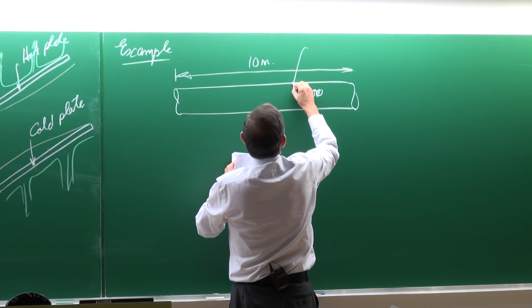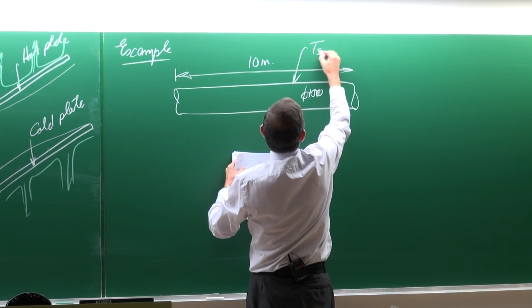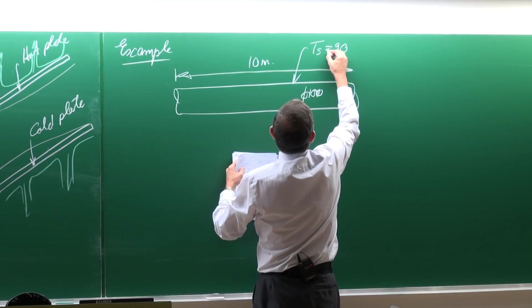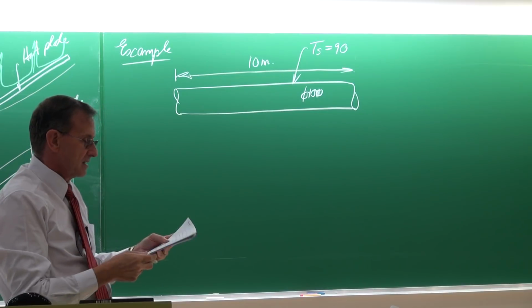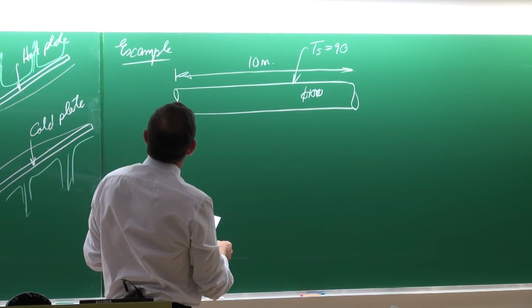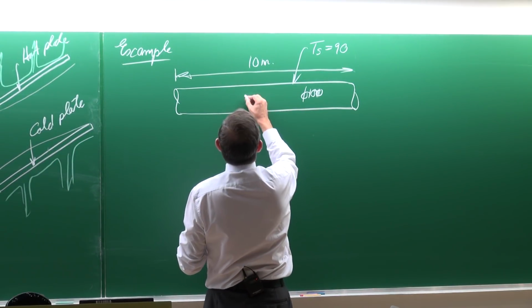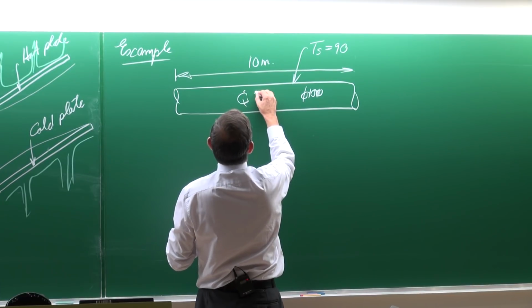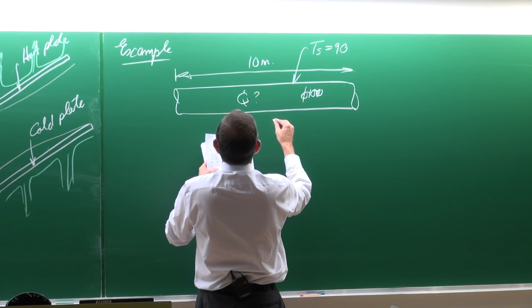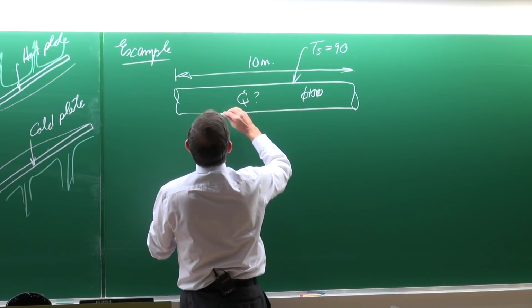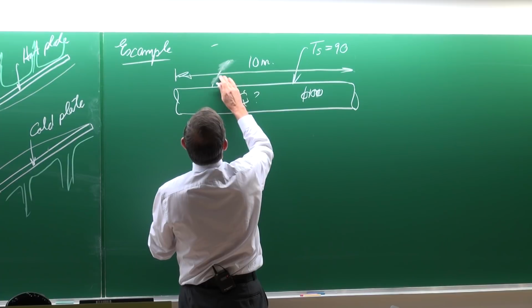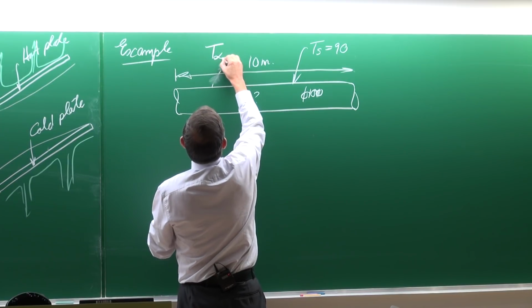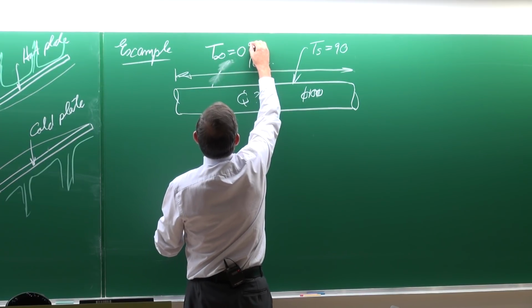Its surface temperature is 90 degrees Celsius. And then the question is, determine the heat transfer rate on a cold morning, when the outside temperature, T environment, is equal to 0 degrees Celsius.